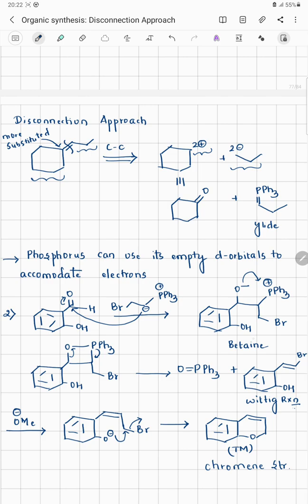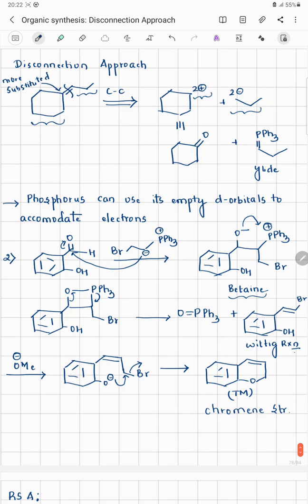In turn, a betaine structure gets formed. This betaine structure, upon the movement of the electrons from oxygen to phosphorus, will lead to this 4-membered ring. Further, upon the cleavage, that means doing a reverse 2+2 cycloaddition reaction, I will be getting triphenyl phosphine oxide and a Wittig reaction which is going to give me my alkene system.